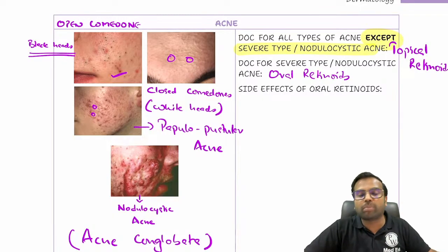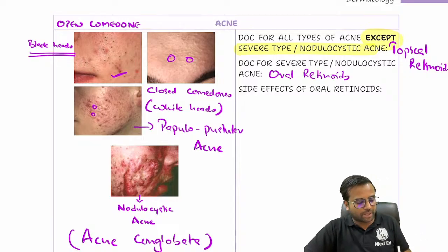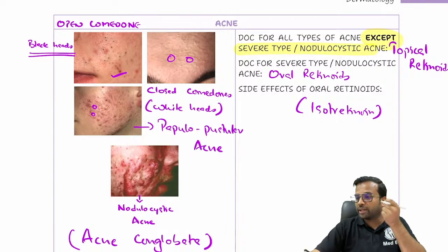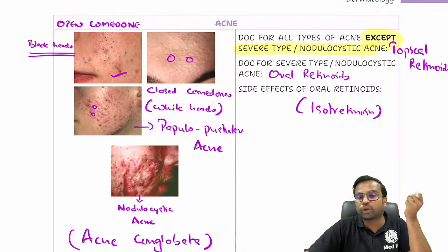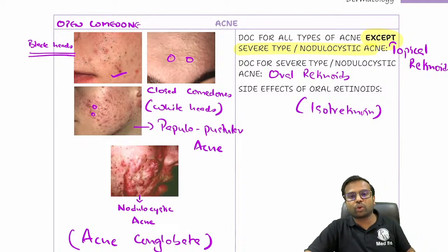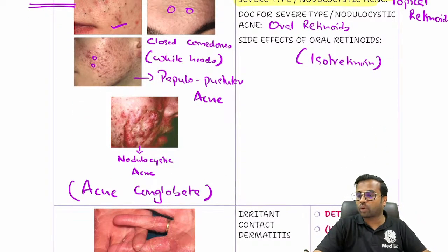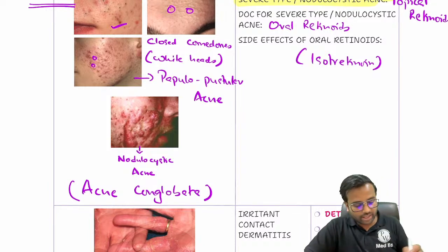But what is the problem with oral retinoids, especially isotretinoin? The problem here is that the patient will have a lot of side effects. Now, can we quickly write down what are the side effects of retinoids? Yes, dryness. I agree.